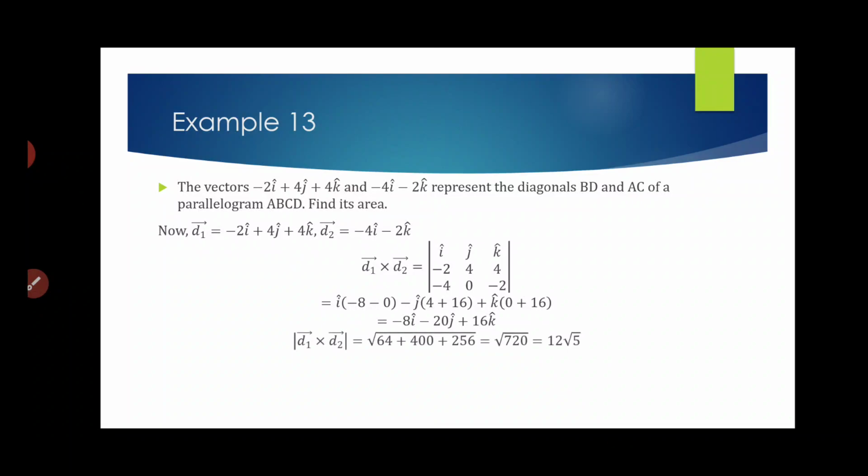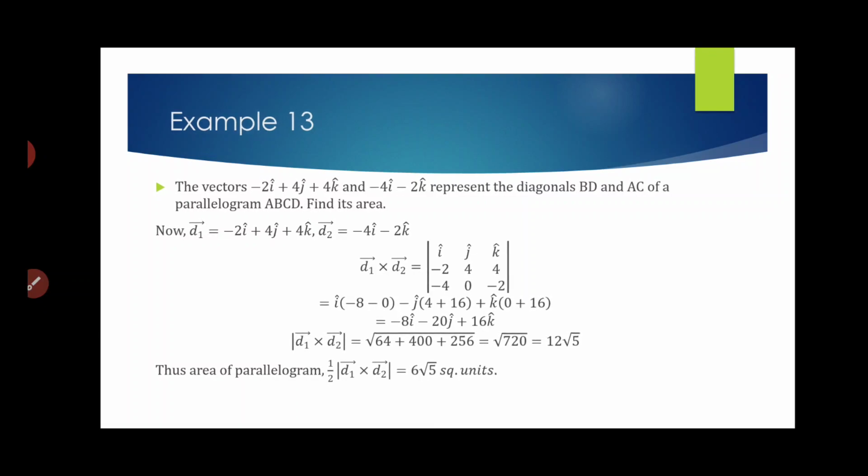Modulus is 12 root 5. And so the area of the parallelogram is half the magnitude of the cross product of the diagonals, and that is 6 root 5 square units. Clear? Let us move to number 14.